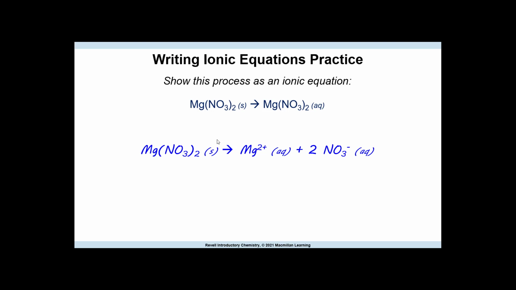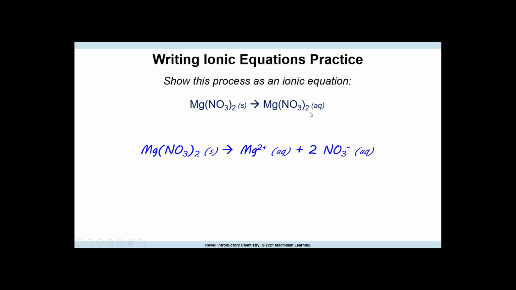So we write this in an ionic equation. We now have to separate the ions. If it's a solid, we do not touch it, we leave that alone. But we have to break this up. So you try to draw a line to separate them. We take the magnesium, and you can see that it's got a magnesium ion. Remember, we uncrisscross these, is what you want to do. So here's magnesium with the 2+ charge.